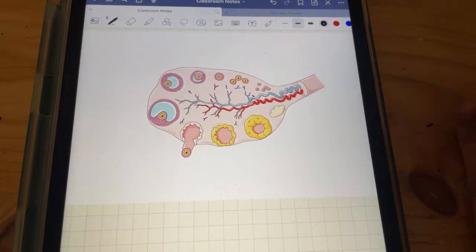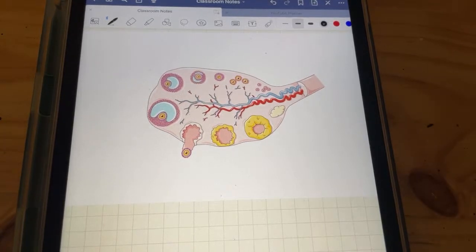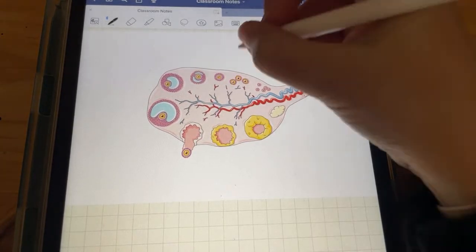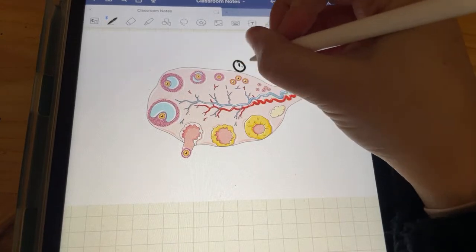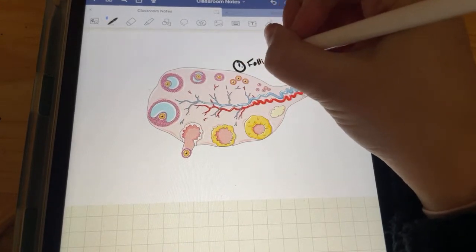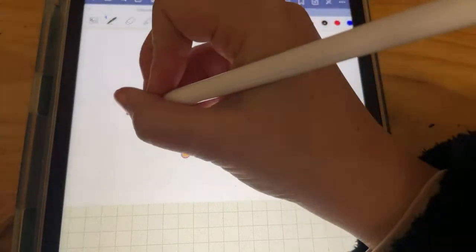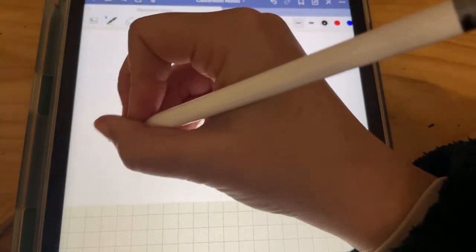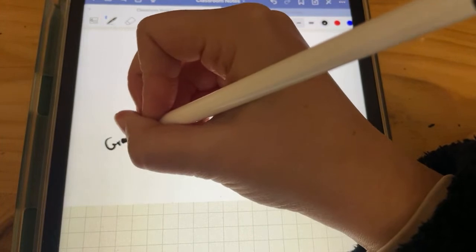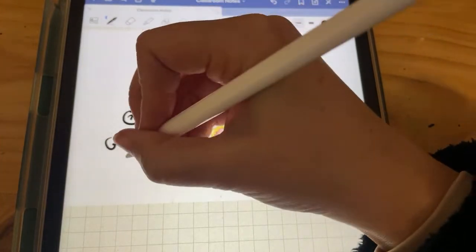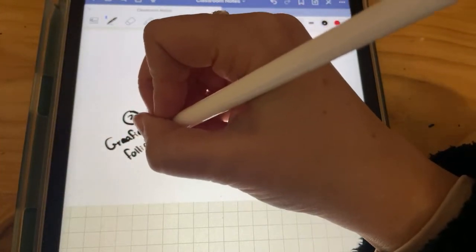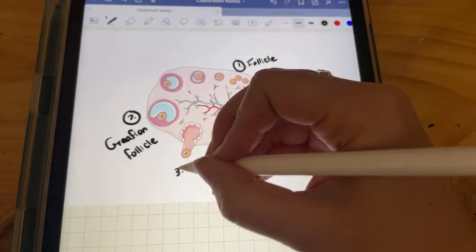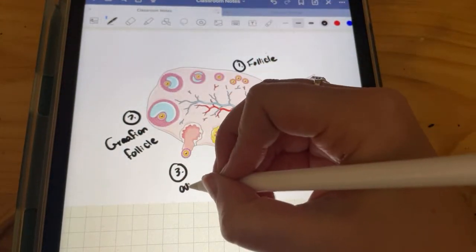Okay. So what you have here is an ovary cut in half. It's a cross section. And I'm going to run through what we're looking at now very quickly so you can follow faster. Over here, we have the original follicles. At number 2, we have the Graafian follicle. This is number 3, is ovulation.